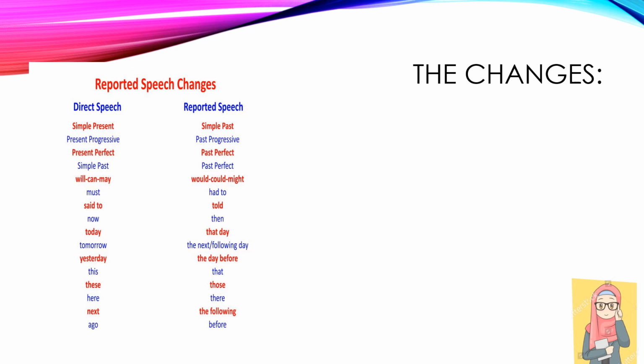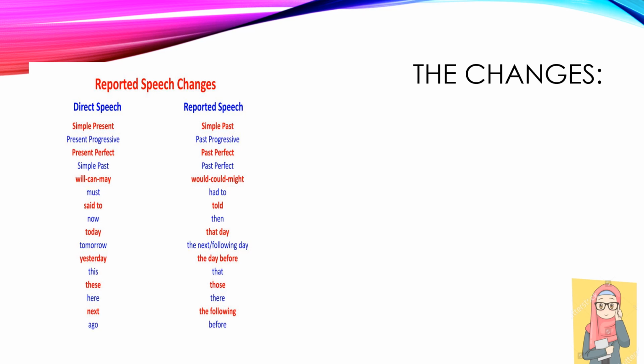When we are talking about a direct sentence, we have a simple present. This simple present is converting into simple past. The present progressive is converting into past progressive. You can see how indirect is different and how the reported speech is getting different. Looking all the way down, ago even turns into before, and looking in the middle, now goes to then.